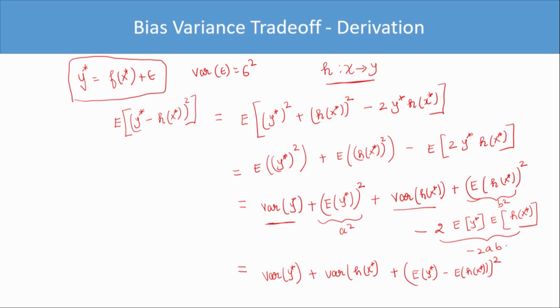I don't know what my function is, but I have made an assumption that your y star is f of x star plus epsilon, right? So of course, you can think of it as probability of x comma y also, which is modeled like this, right? So now if this is what y star is, what is variance of y star?